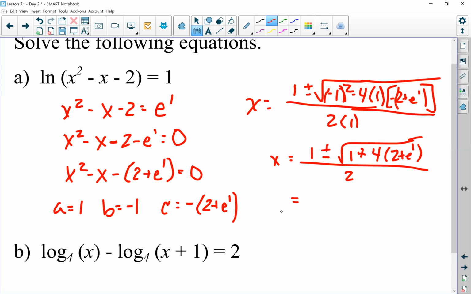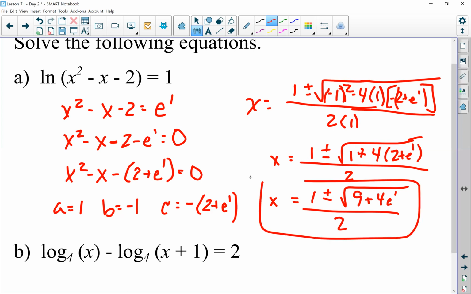And so if I distribute that 4 through, I get 4 times 2 is 8, plus 1 is 9. And then 4 times e to the first is 4e to the first. And because e is an irrational number, I'm not going to be able to get an integer or a decimal answer. So I would leave it like that.